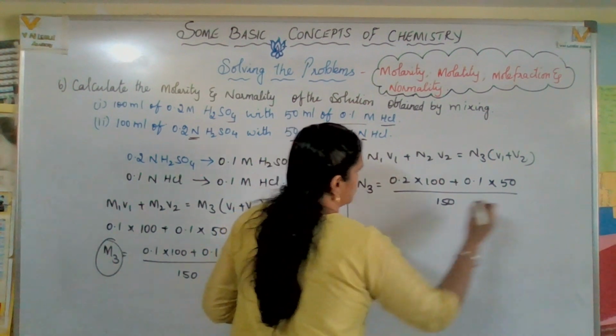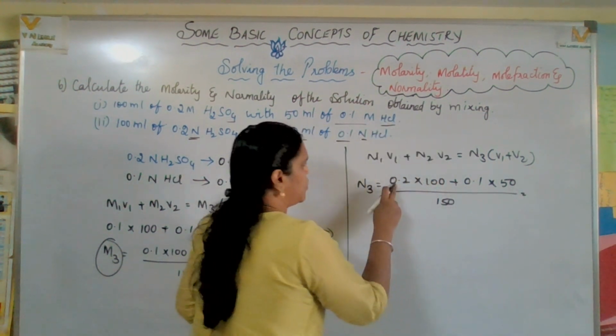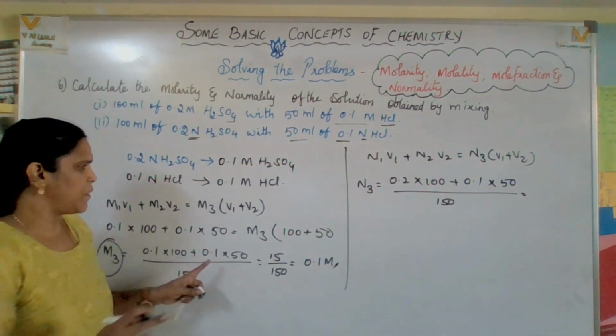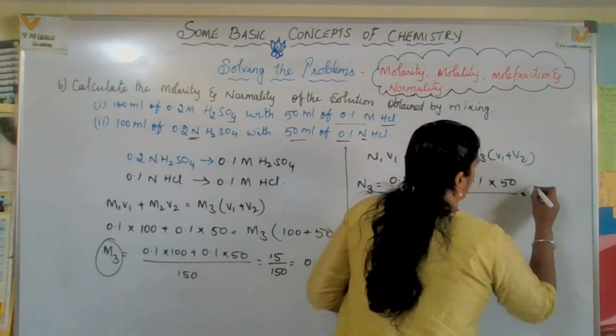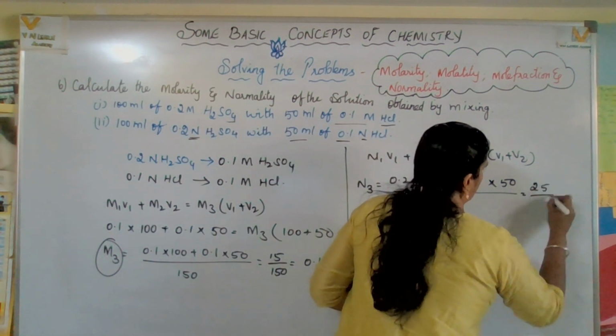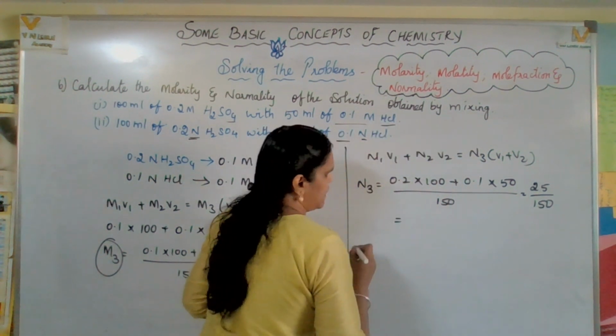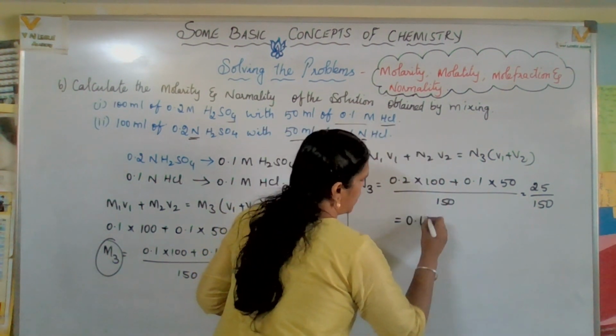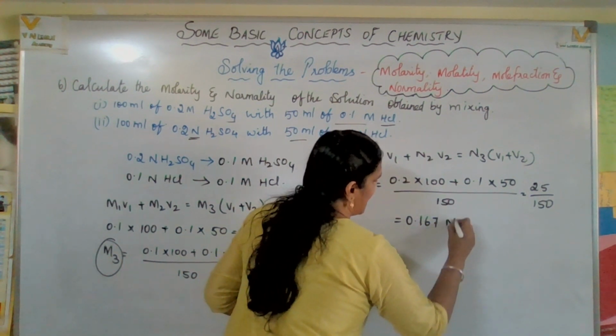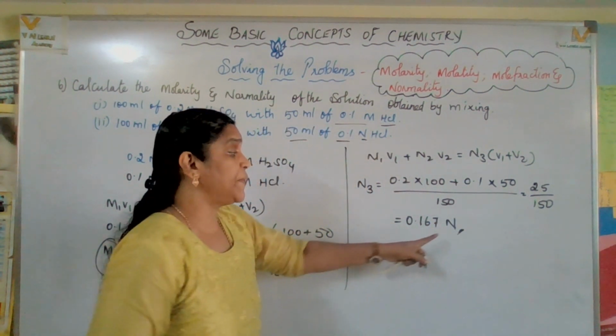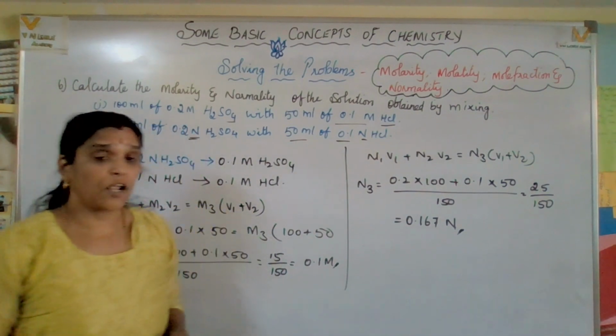So what is the answer? 0.2 is here, but here 0.1, so the answer will vary, right? So 25 divided by 150. Please check your answer. So the normality will be 0.167 N. Please note down, capital N is the normality.